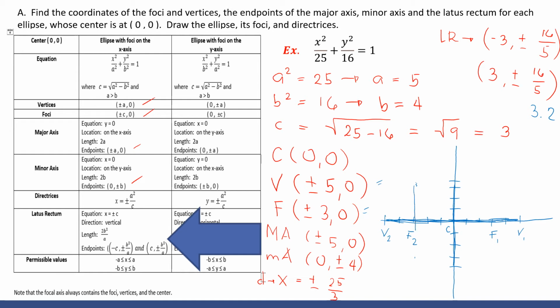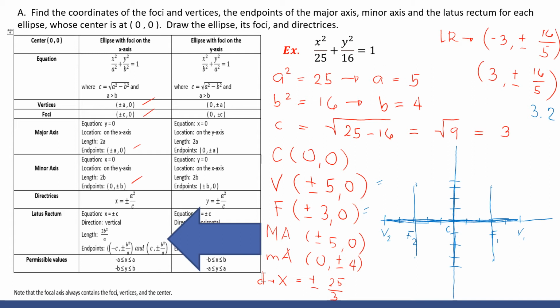Then, make a line or segment. For this will serve as your lattice rectum dun sa focus 2. At syempre pa, lattice rectum sa focus 1. From focus 1, taas ka ng 3.2 units. And then, baba ka rin ng 3.2 units. Then, connect the points para sa lattice rectum na magpa-pass through dun sa iyong focus 1.